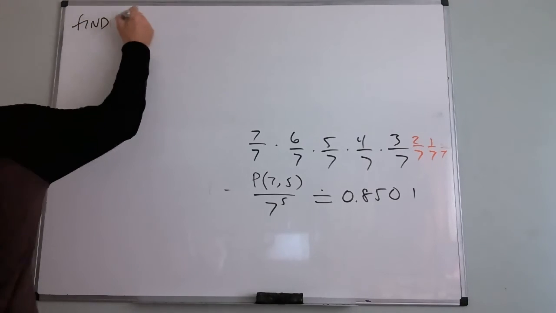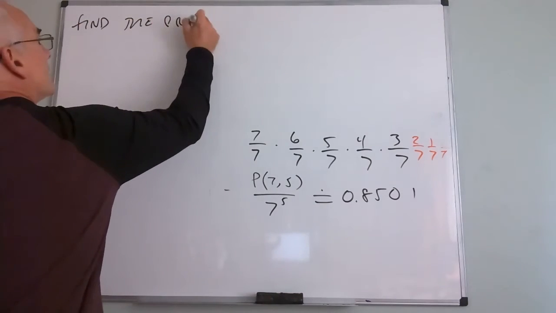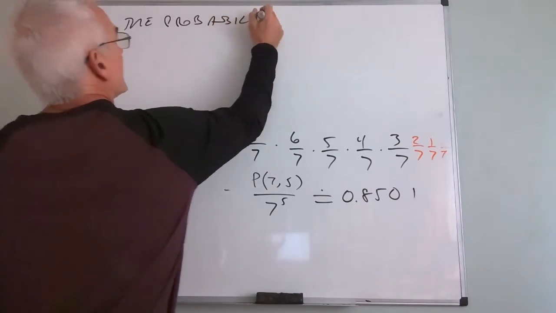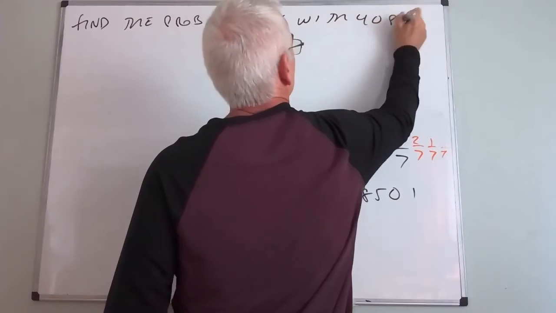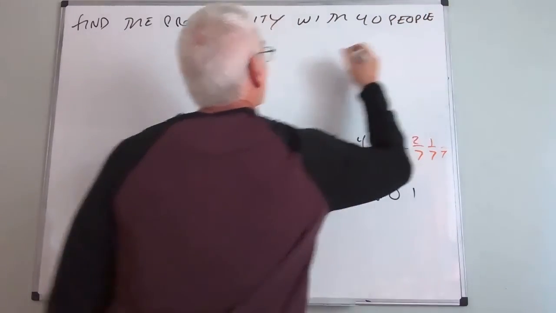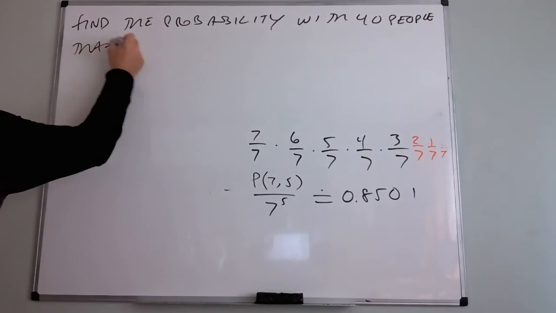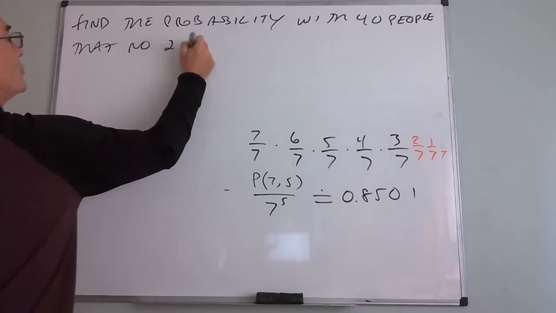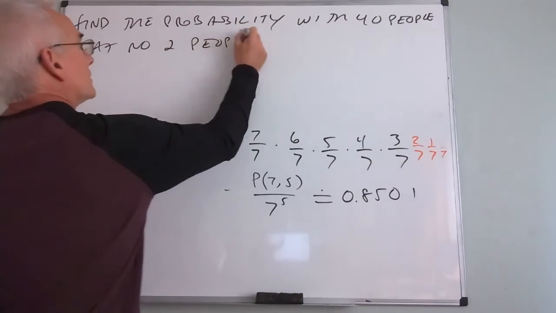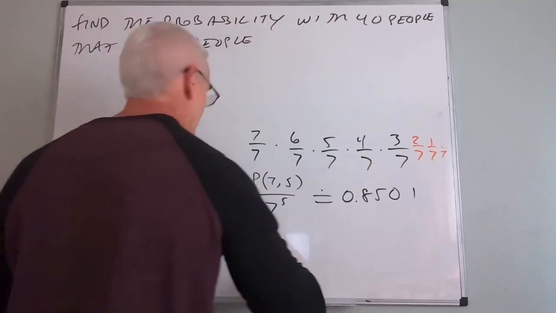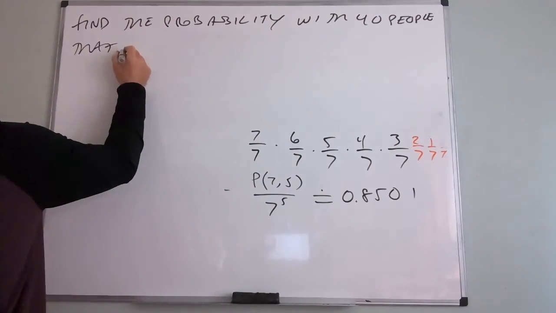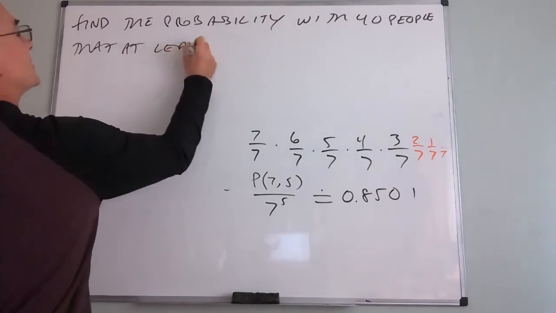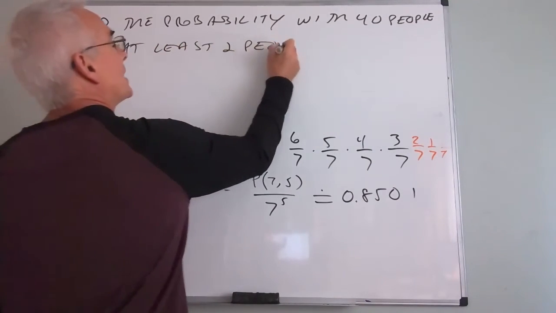Find the probability, with 40, let's say 40 people, that at least two people share the same birthday.